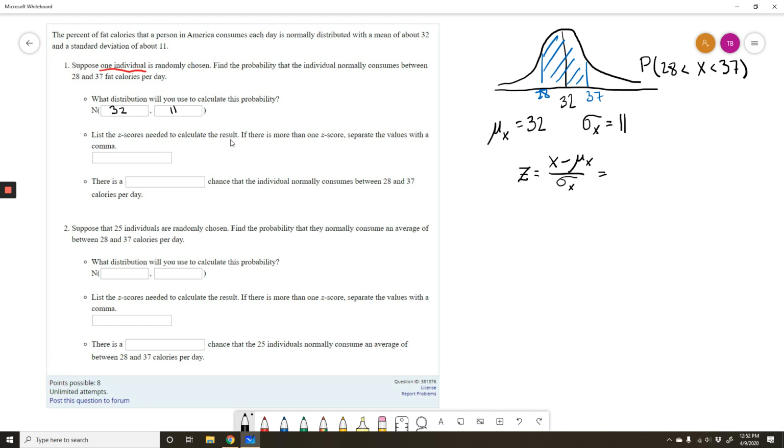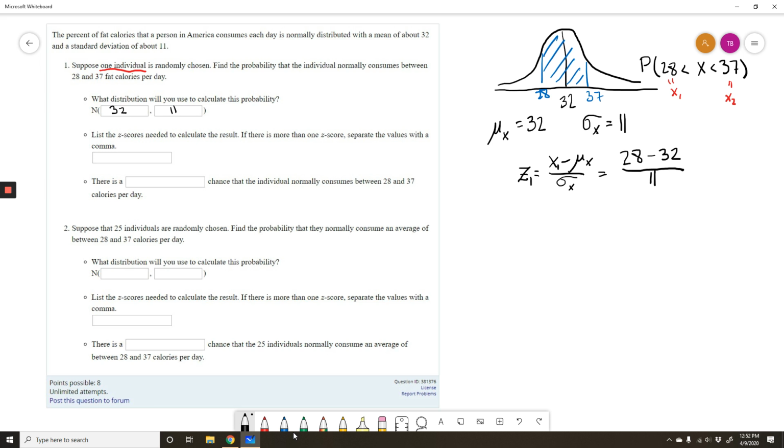Okay? So z1, our first z, and I'm going to plug in our first x. Let's call 28 our x1, our first x, and we'll call 37 our second x. So our first z is going to be 28 minus the mu, the mean of the population, 32, over the population standard deviation sigma x, which is 11.